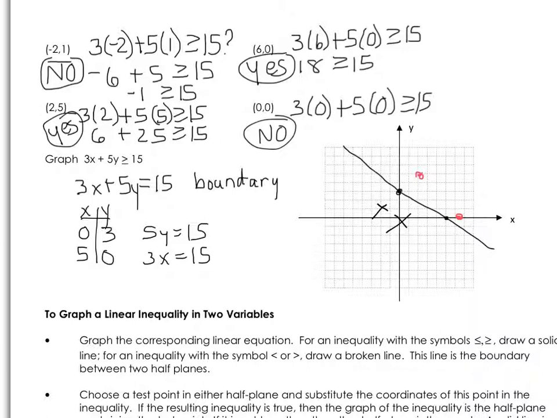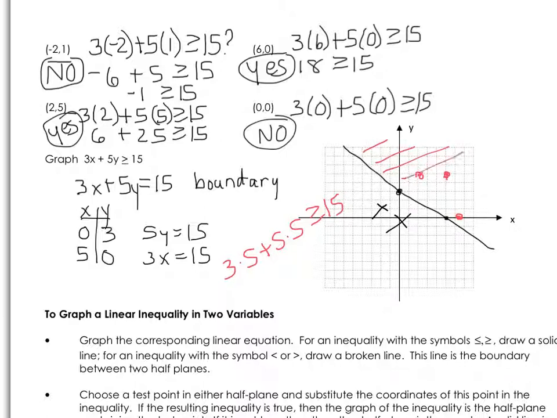Let's check one more point above the line. How about the point 5, 5? If you substitute 5, 5 into the inequality, you get 3 times 5 plus 5 times 5. And is that greater than or equal to 15? Yes, it is. So that's another solution.